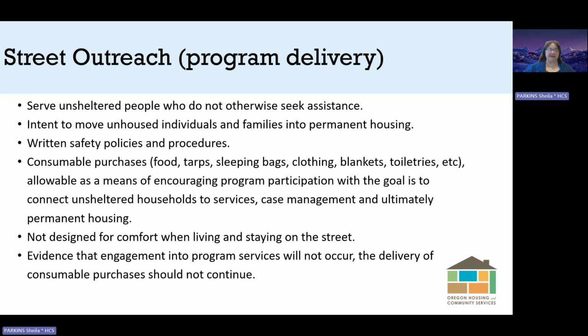It's important to recognize that such purchases are not meant to just make unhoused people comfortable living and staying on the street. If it is evident that engagement into program services will not occur, the continued delivery of consumable purchases should not continue. Again, the intent is to engage with and build rapport so that the unhoused population can obtain housing, and OHCS funds are not intended to be used to provide ongoing support to live outside.